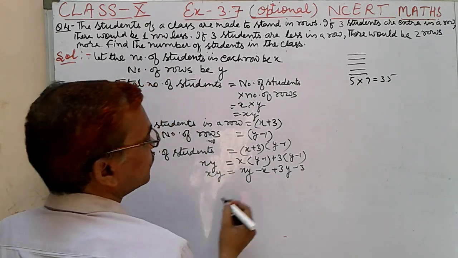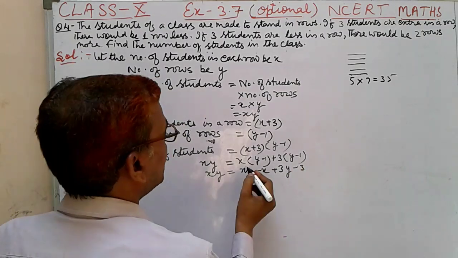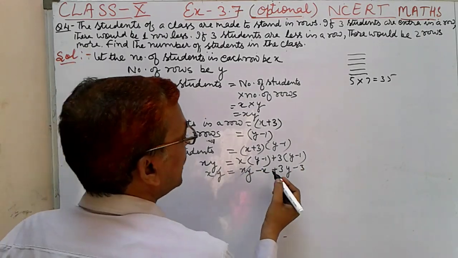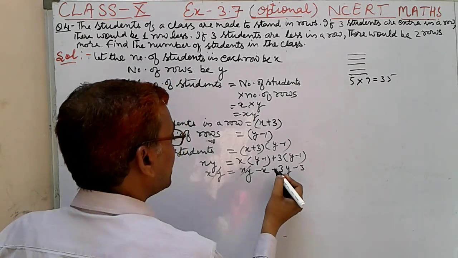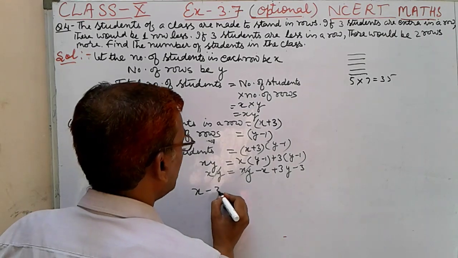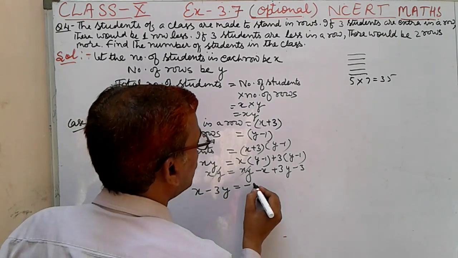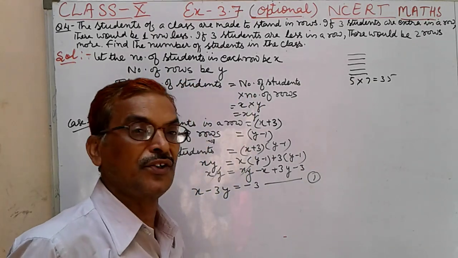Xy is equal to, when we transfer xy from RHS to LHS, it will be cancelled. Now transfer the x and 3y terms from RHS to LHS. There will be x minus 3y is equal to minus 3. This is equation number 1.